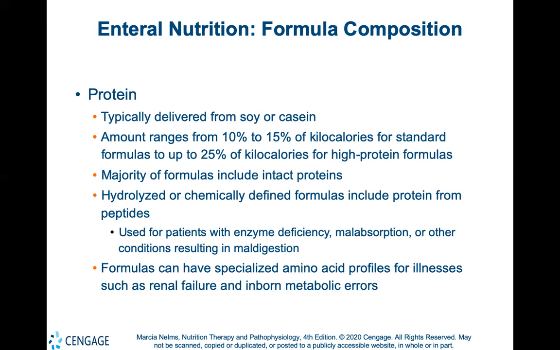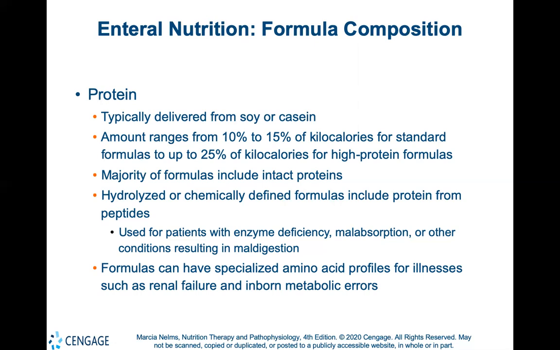The majority of formulas, called standard, provide intact protein that requires enzymes to split the nutrient into peptides before absorption across the epithelium in the GI tract. Formulas containing proteins as peptides, called hydrolyzed or chemically defined formulas, are used for patients with enzyme deficiency, malabsorption, or other conditions resulting in maldigestion.